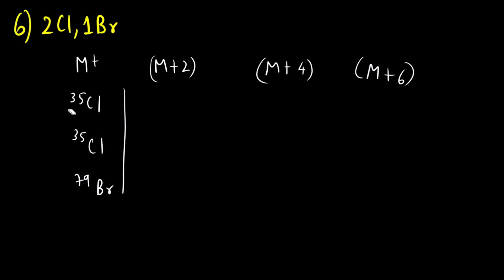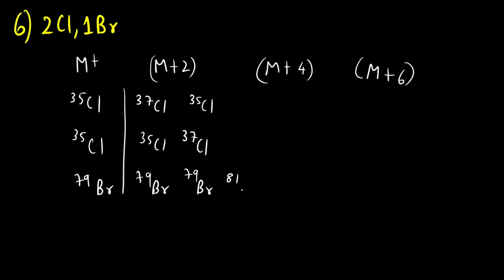So first, let's say I make 35 Cl as 37 Cl and keep the remaining 2 isotopes the same. In the second case, I increase the second isotope by 2 units and keep the remaining 2 the same, 35 Cl, 79 Br. And last, I increase the third isotope by 2 units and keep the remaining 2 as they are, 35 Cl, 35 Cl. Okay, this was for M plus 2.